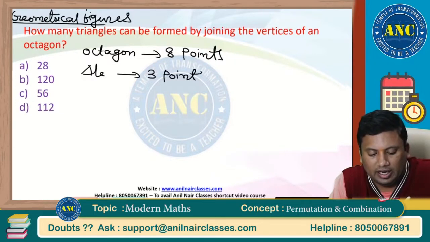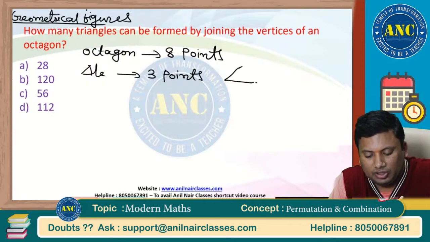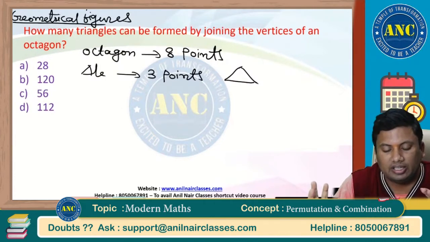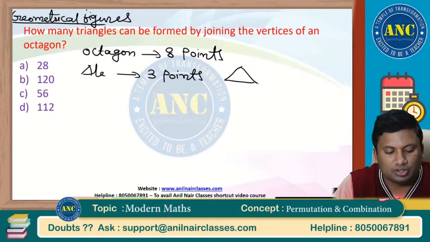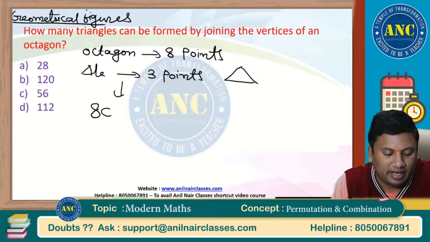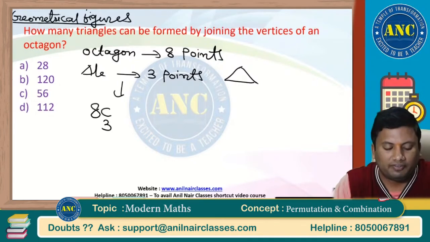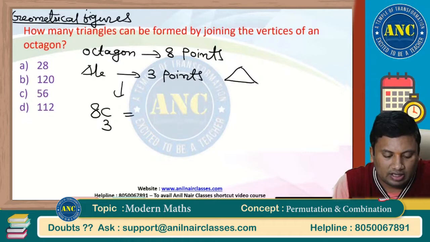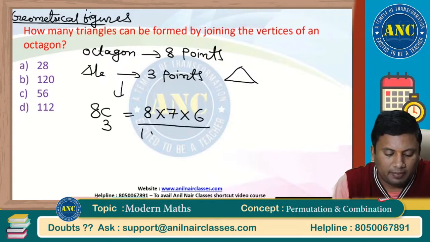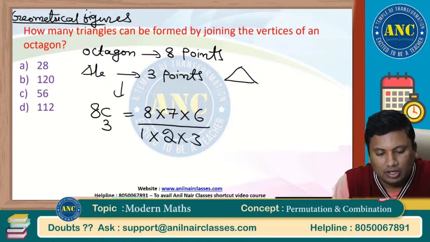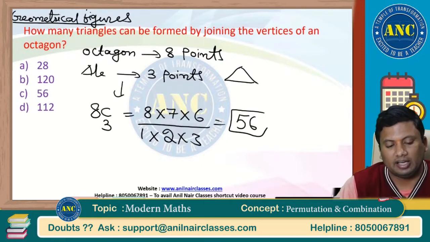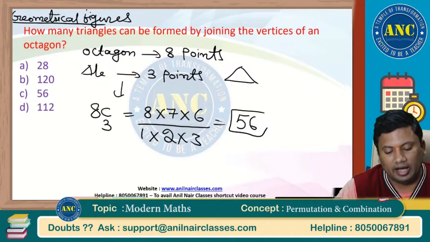In that 8 points, to draw a triangle, I need to select 3 points. Out of 8, select any 3. These are nothing but 8 into 7 into 6 divided by 1 into 2 into 3.